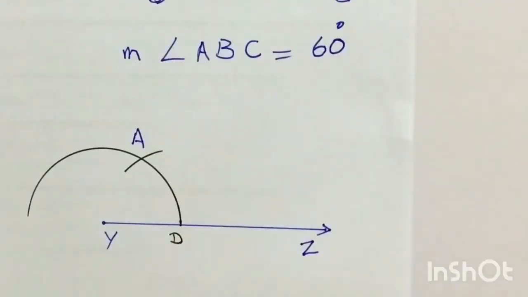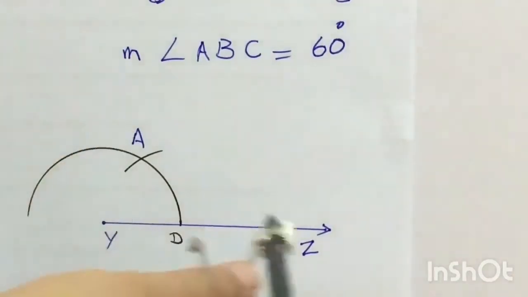You can see I have already drawn another angle of 60 degrees, which is AYZ.